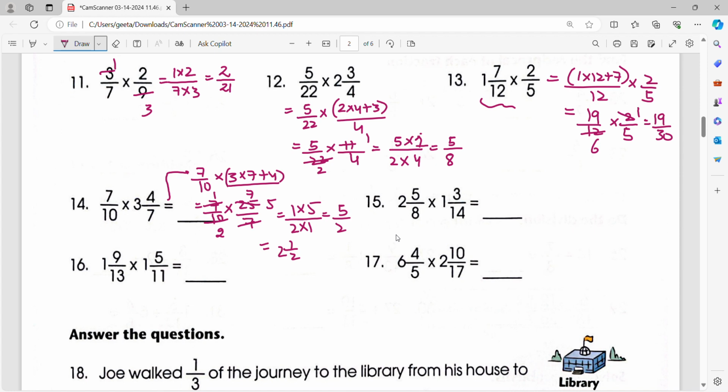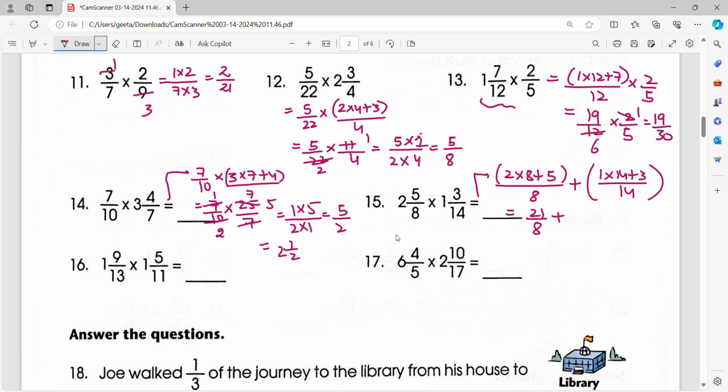Can you please solve this 2 whole 5 over 8? It's 2 into 8 plus 5 over 8. Okay, this is 16 plus 5, 21 over 8. Very right.